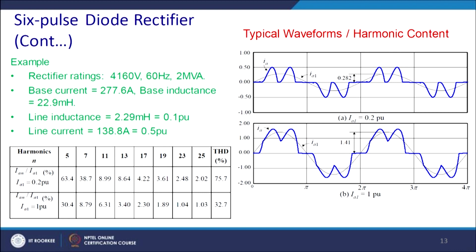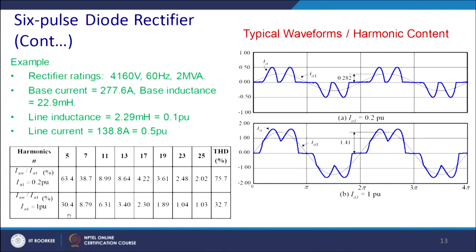But where it is at a per unit, carrying the rated current, the heating effect and other issues will be there, but as far as the THD is concerned, it will be reduced because of the continuous conduction mode. THD will come down to 32%, and this current is 30%, there are 8%, and other values you can check, it is almost half.